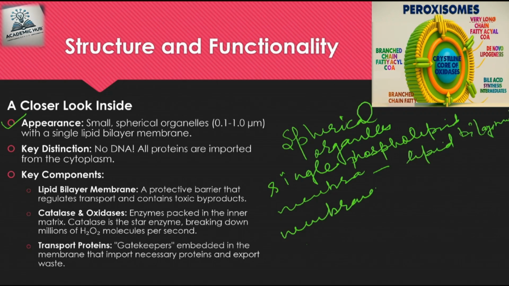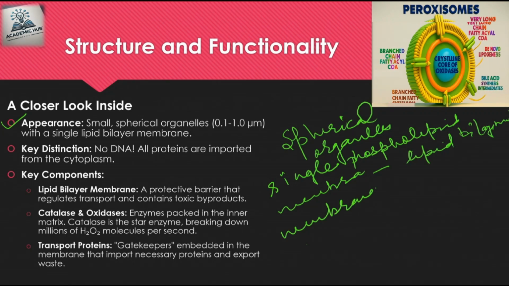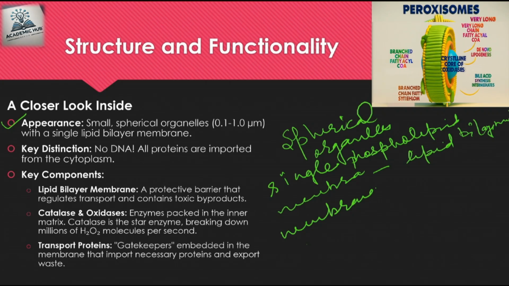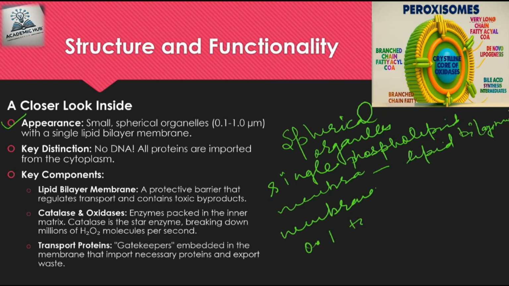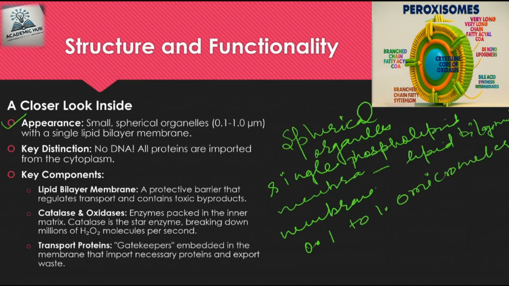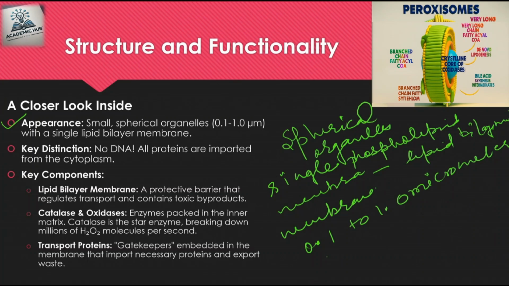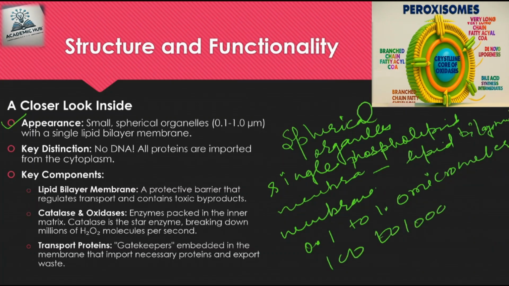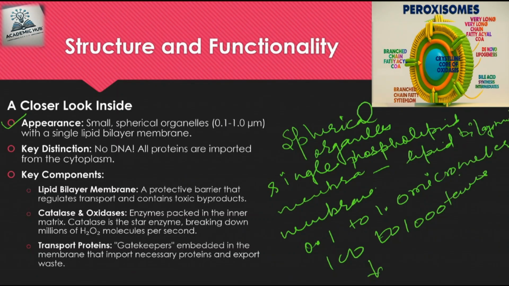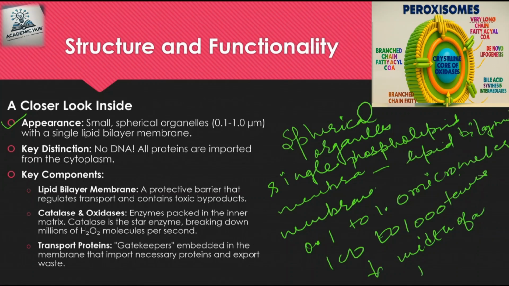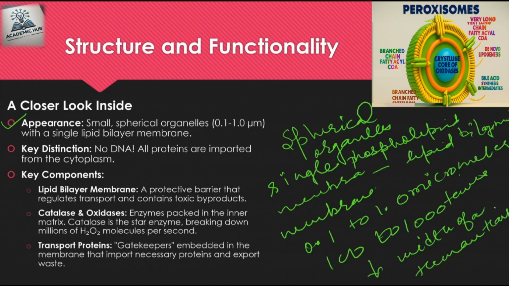In terms of size, peroxisomes are comparable to lysosomes, generally ranging from 0.1 to 1.0 micrometers. This makes them tiny, roughly 100 to 1000 times smaller than the width of a human hair. So this is about the size.